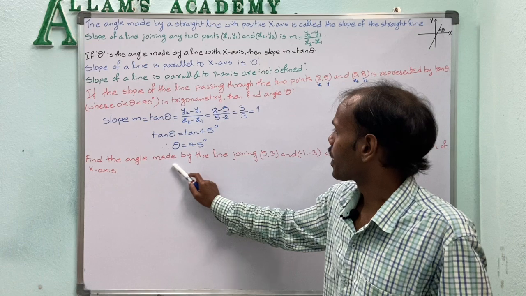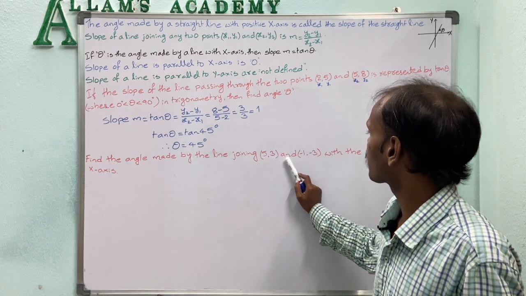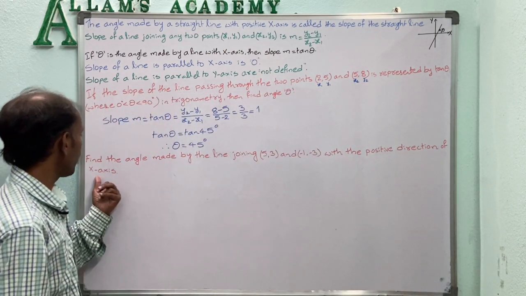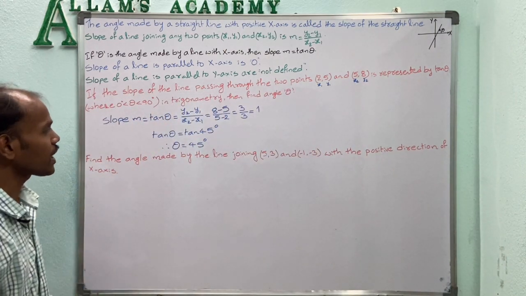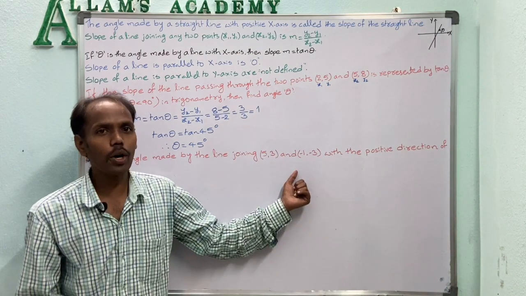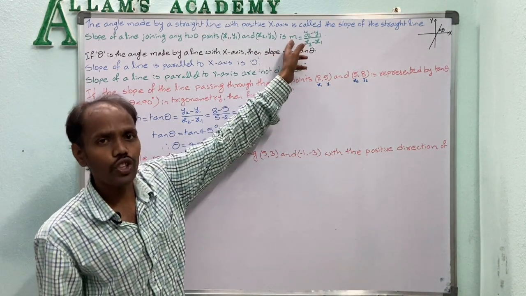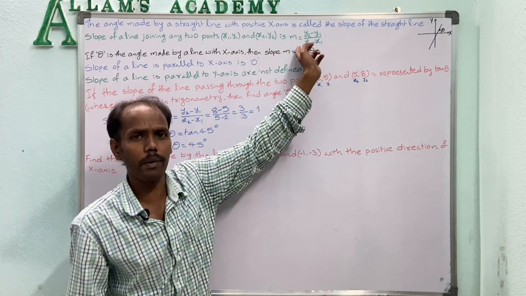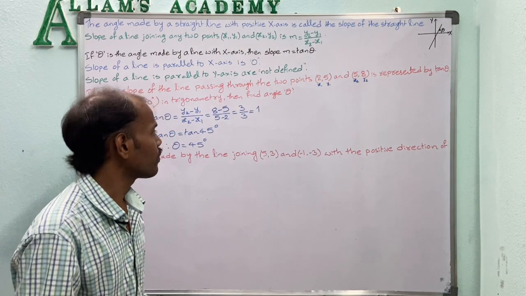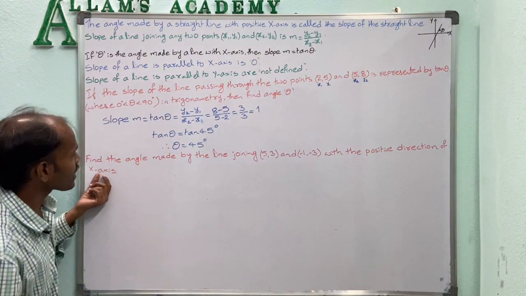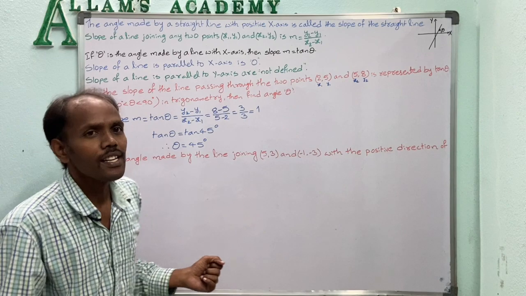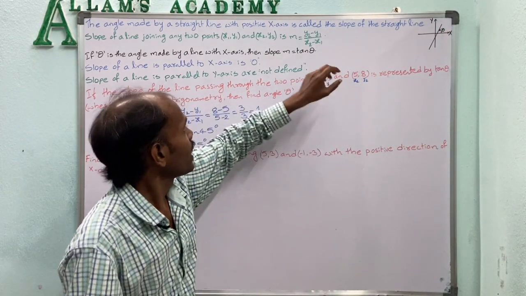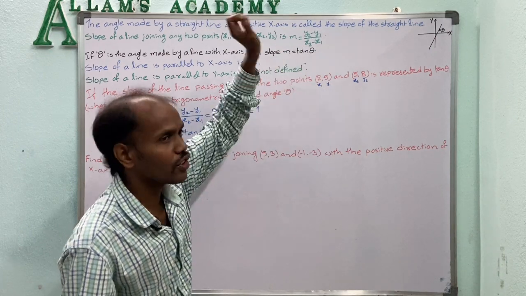Find the angle made by the line joining (5, 3) and (minus 1, minus 3) with the positive direction of the x axis. So here we have to find the slope. The slope m is equal to, if x1, y1, x2, y2 coordinates are given, y2 minus y1 by x2 minus x1, but we have to find how much angle it will be forming with the x axis. So the angle theta formed by that straight line will come from the slope m equal to tan theta.